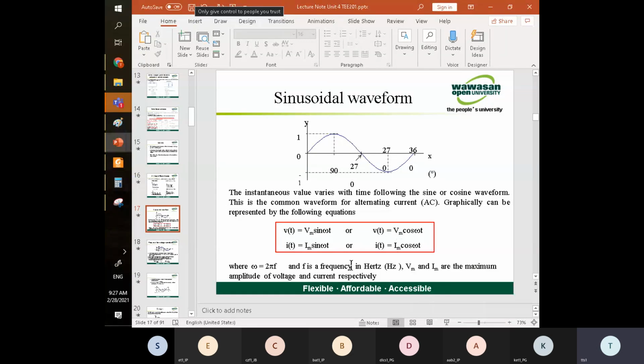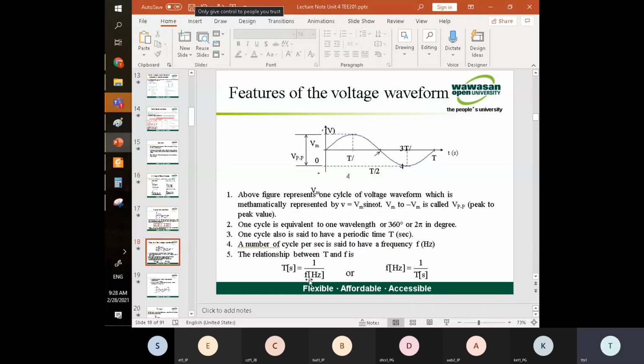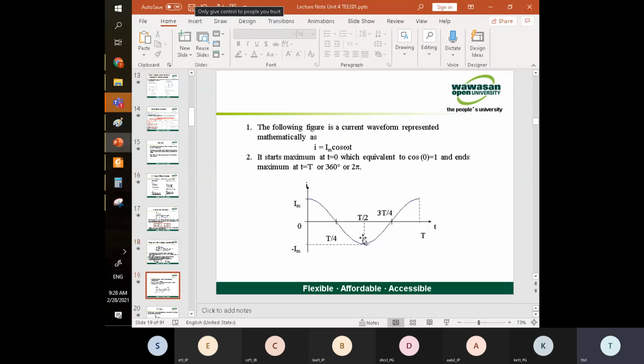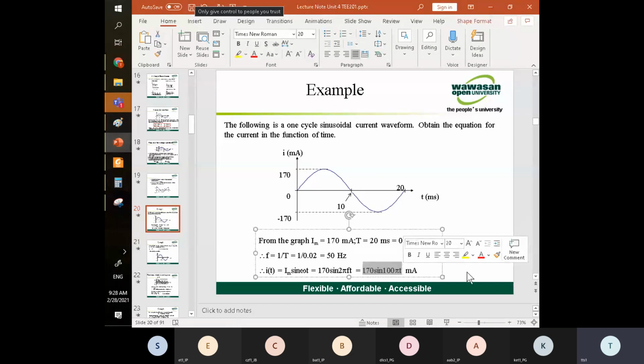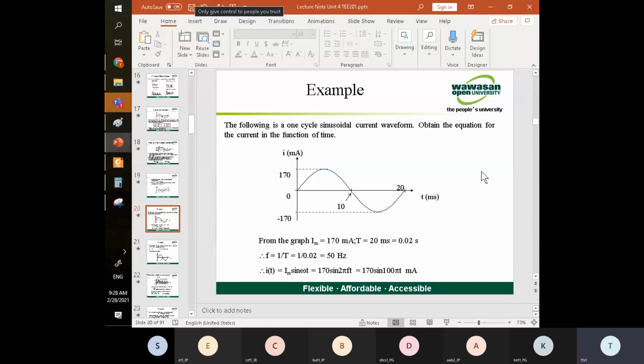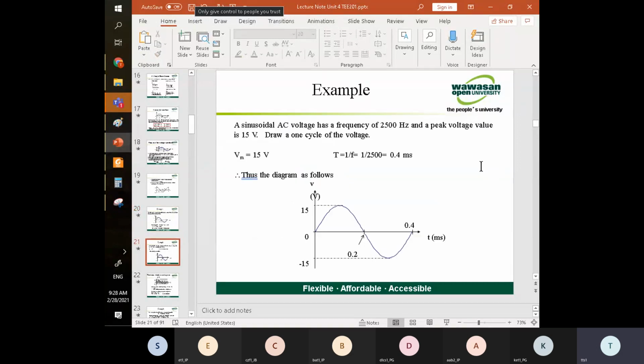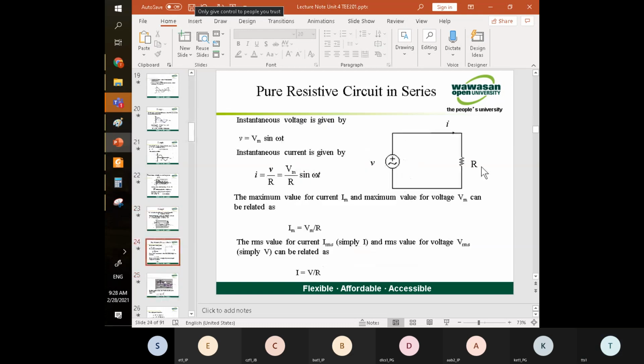Now become familiar. And also T, F, and the angular frequency. Okay, I think you're already familiar with all this. How to come to this number, how to convert to frequency, how to write in the mathematical form. Okay, this waveform. Okay, I think you're familiar. Just go straight to this. Okay, let's go through this one.